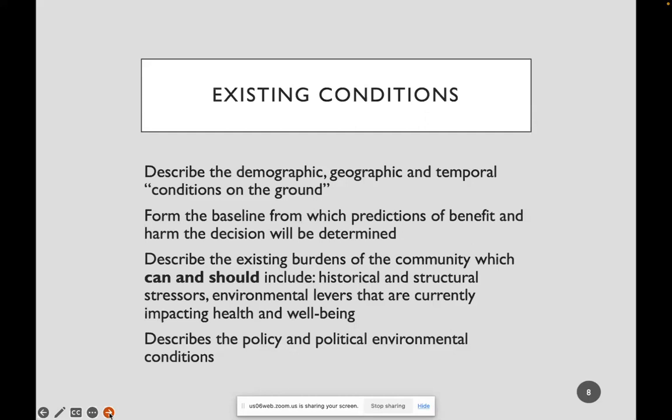If you're looking at See First or the White House environmental justice mapping tools, these can really give you a starting place for defining community burden and looking at historical and structural stressors, things like racism and redlining, things that really made this community how it is, the contributing underlying factors for how this community got this way.